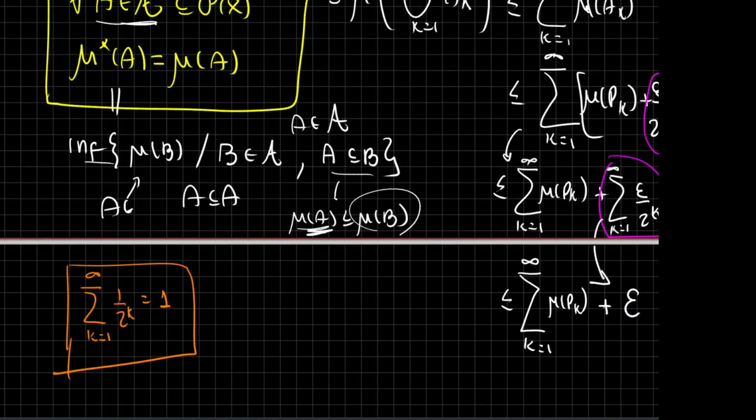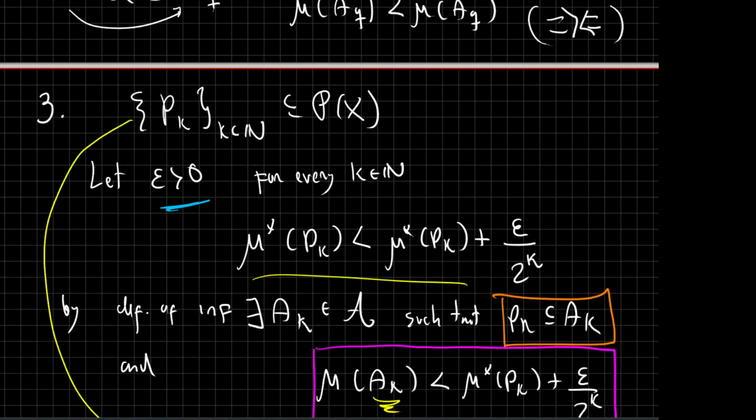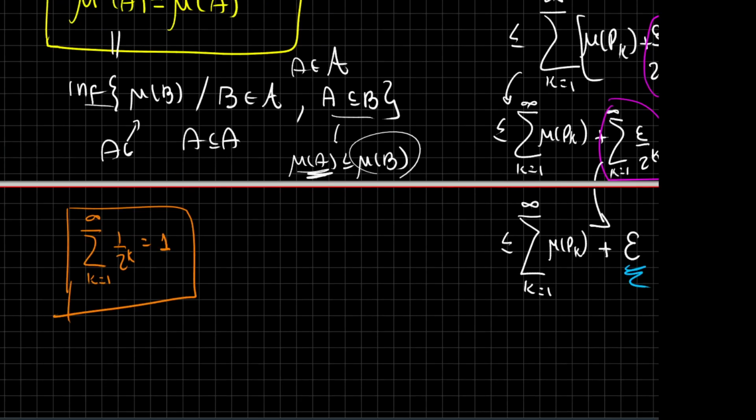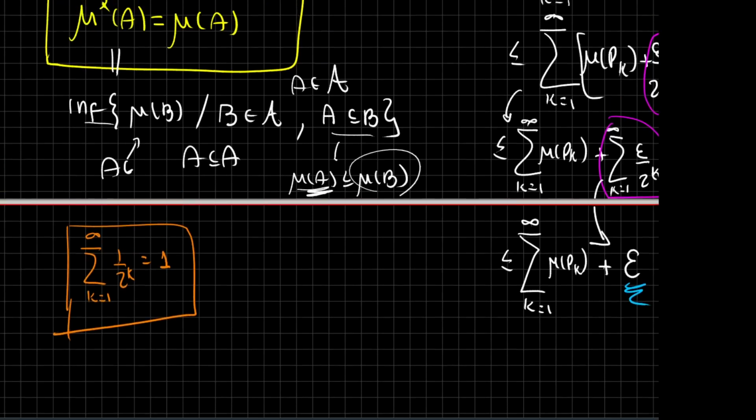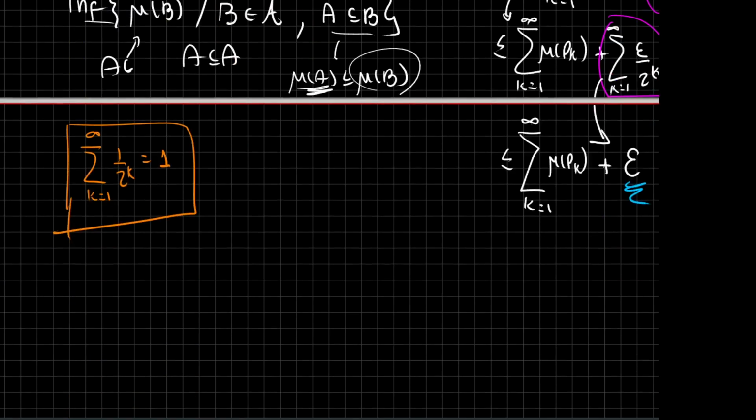All right, so for the last step, since this value epsilon was arbitrary, we can take the limit of epsilon to 0, and we will have that this thing is still less or equal than this other thing.